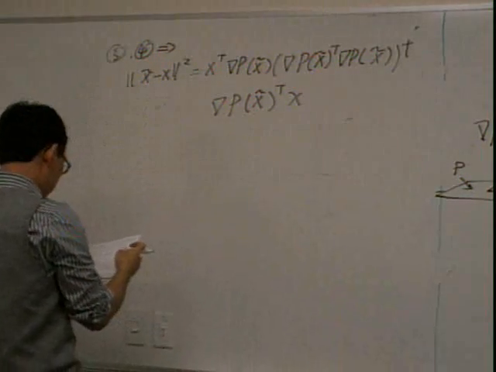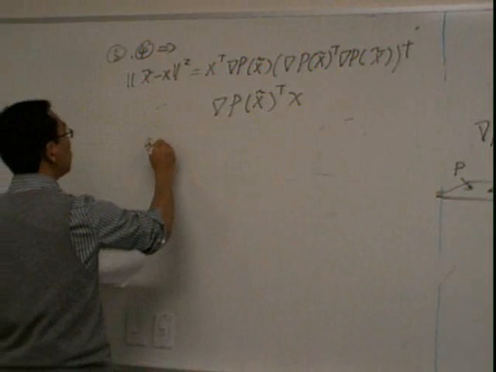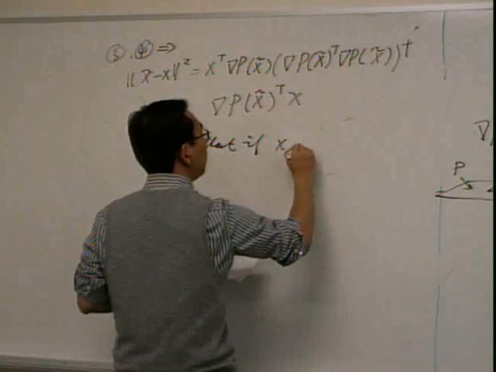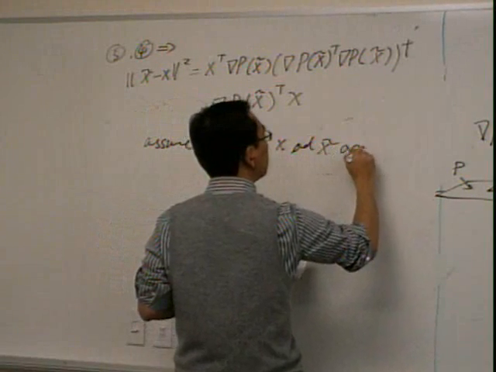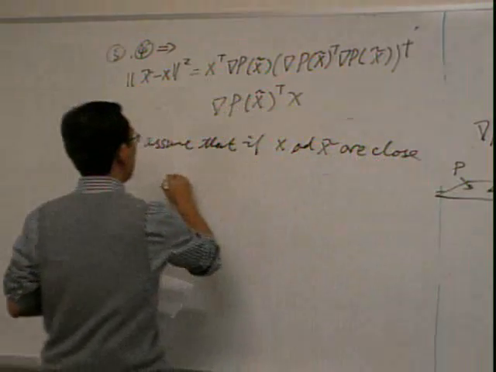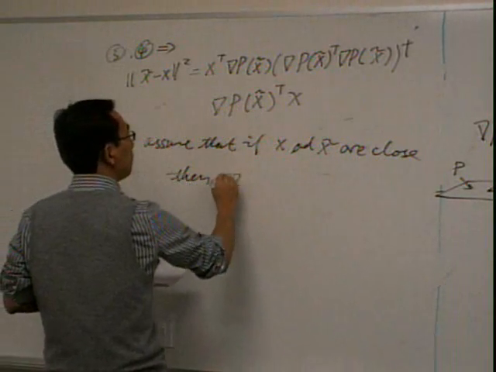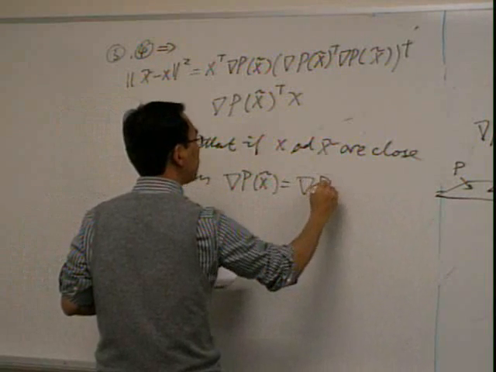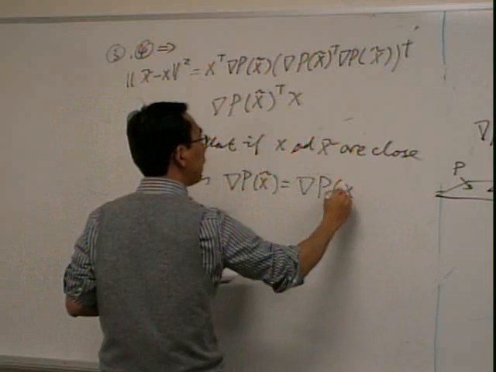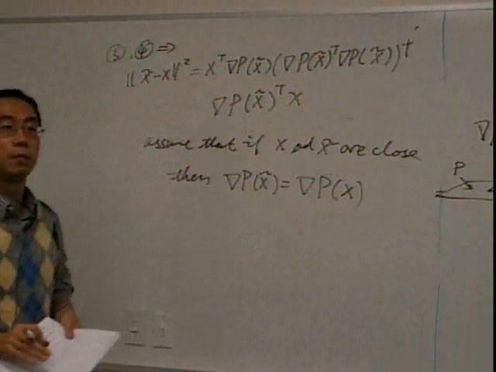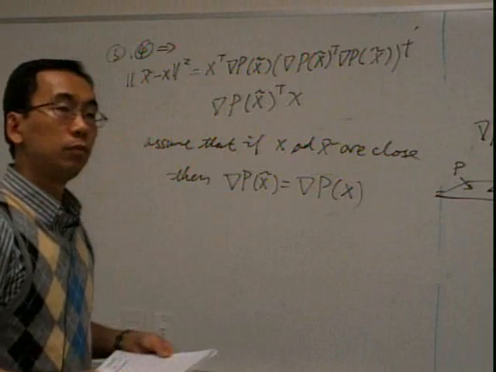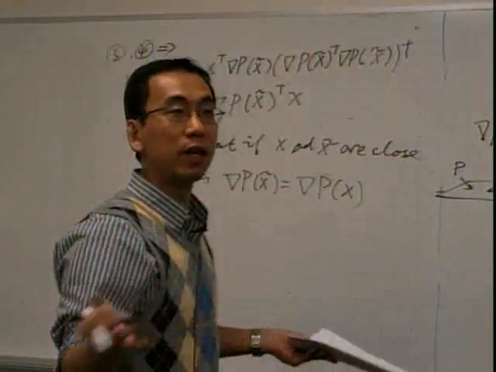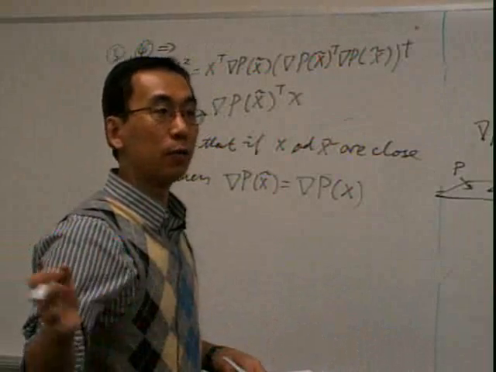So the first thing we can approximate is that we assume that if x and x tilde are close, then at least the derivative evaluated at x tilde is equal to the derivative evaluated at x. I assume that. Or you can take the Taylor expansion, and then you get the same thing. You're going to eliminate the higher order terms, the second order, third order.